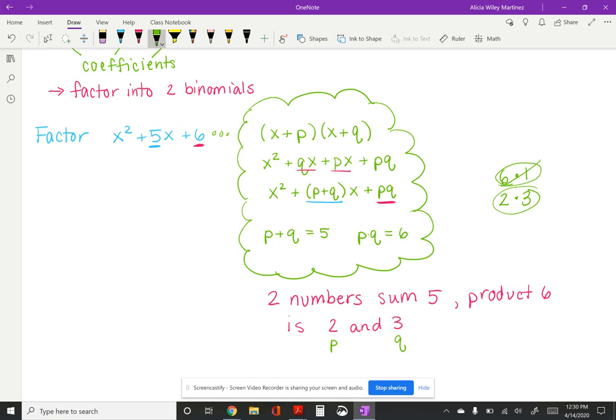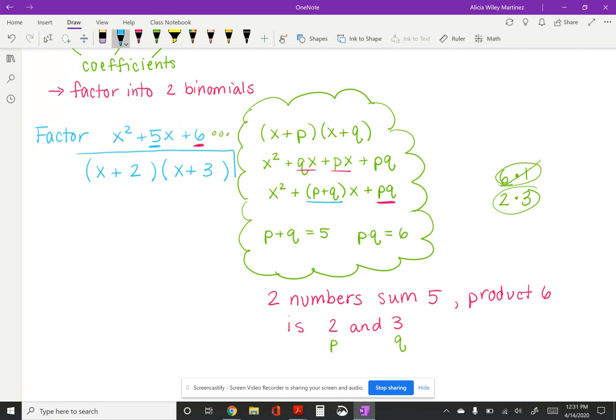Like I had said before, this is going to factor into the form of x plus some value P times the parenthesis x plus some value Q. And we came up with that these two numbers need to add to give me my value of B, and they need to multiply to give me my value of C. So that's going to be 2 and 3.